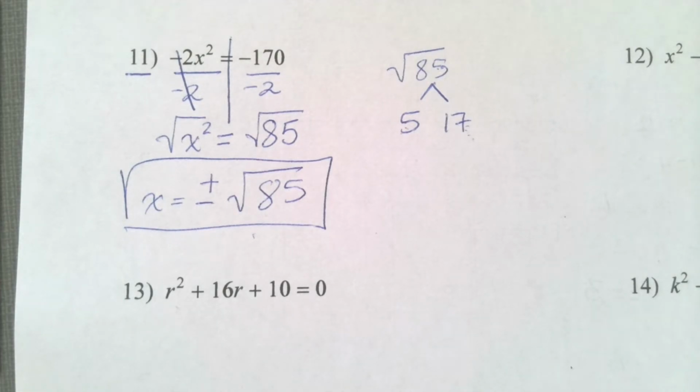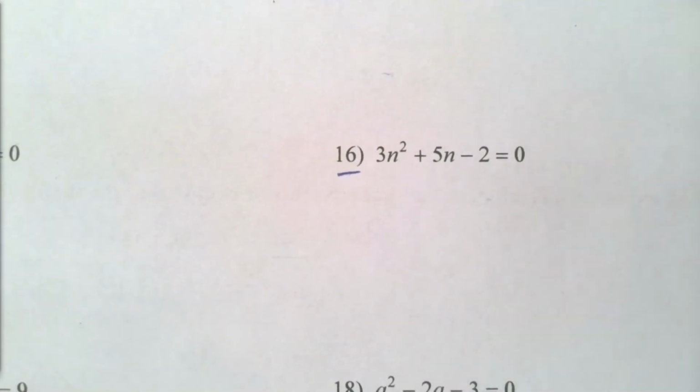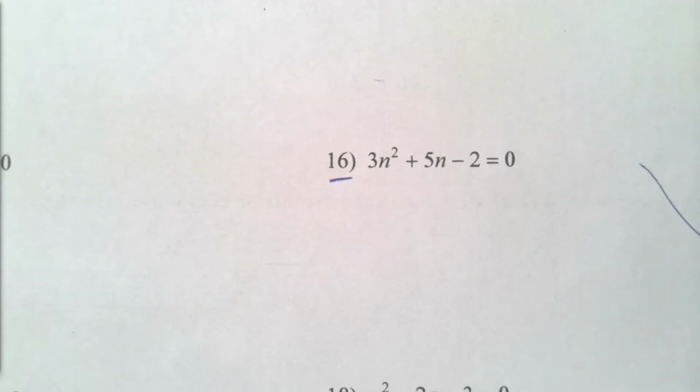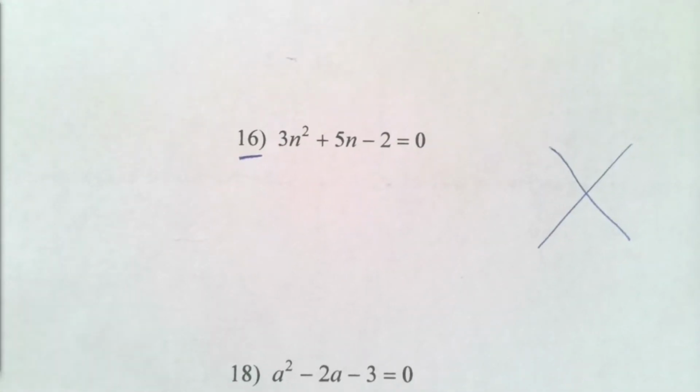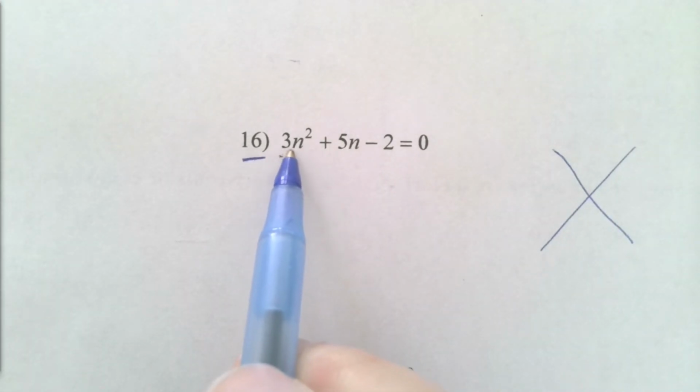I'm ready when you're ready. Okay, slide up. Okay. What's different about this than the other X that we did? What makes this one different? Equals 0. The number in front makes it different.